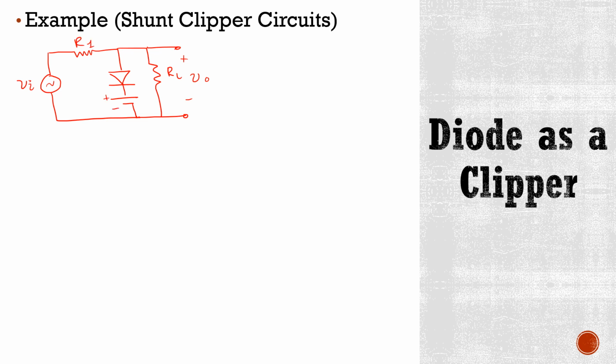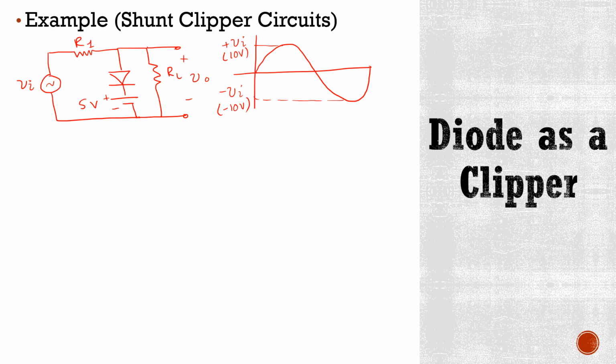Again we assume that it is of 5 volts. So if your input signal is like this, where this is plus Vi and it is 10 volts, and this is minus Vi, which is minus 10 volts, how are you going to start your analysis?